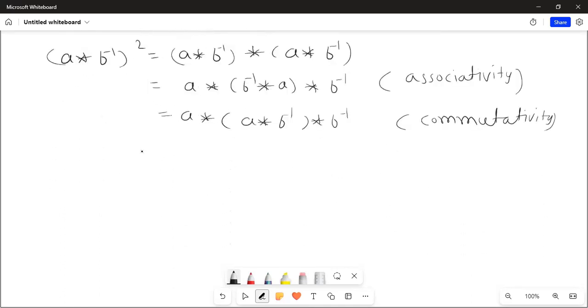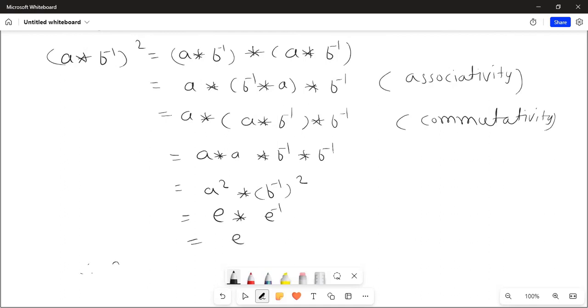अगेन A इंटू ब्रैकेट निकाला तो ये आएगा. देन A स्क्वायर स्टार B इनवर्स स्क्वायर, यानी कि A स्क्वायर की वैल्यू E है और B इनवर्स स्क्वायर E आएगा. देन E इंटू E इनवर्स E आएगा. Therefore A star B inverse square is equal to E आएगा.